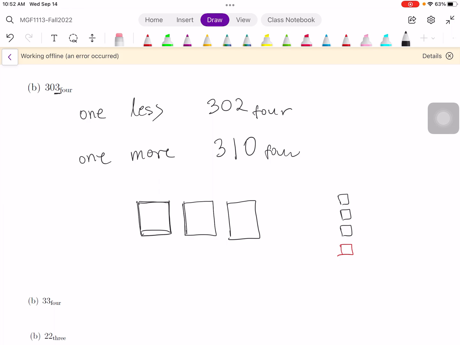So you have 3 flats, 4 by 4, and 3 units. You added 1 unit, so that created 4 units. Whenever you have 4 units, they become a long. So now you have 3 flats as you had originally, but 1 long and 0 units.